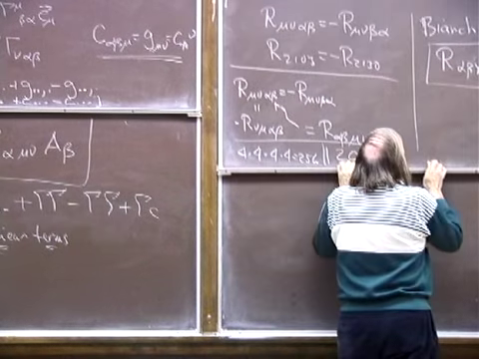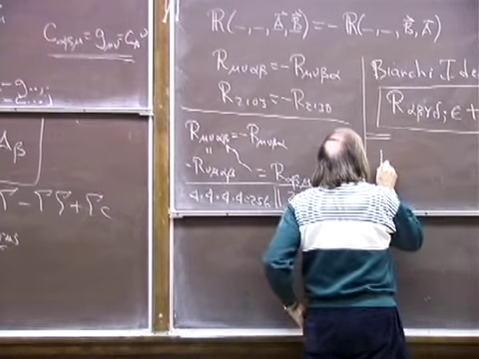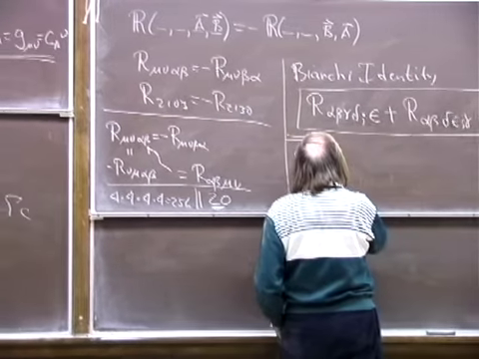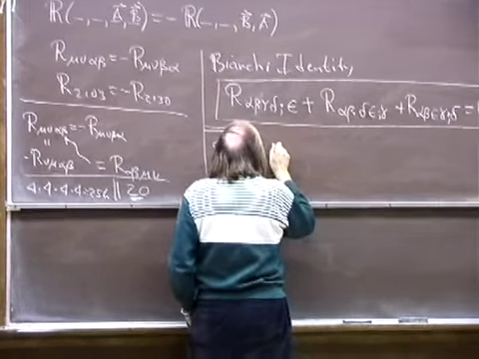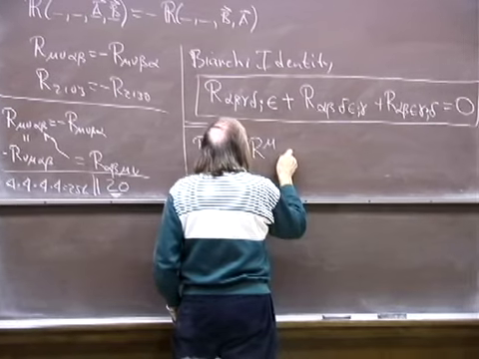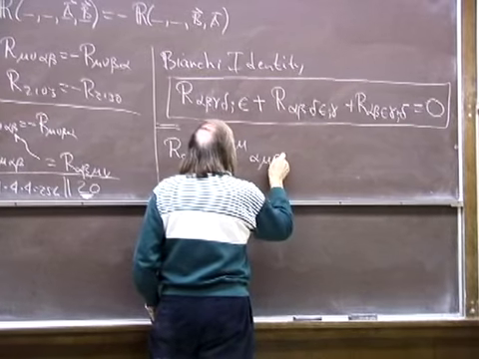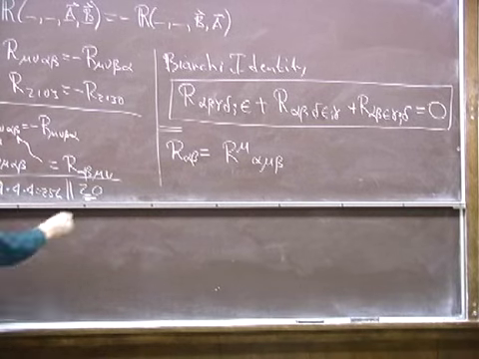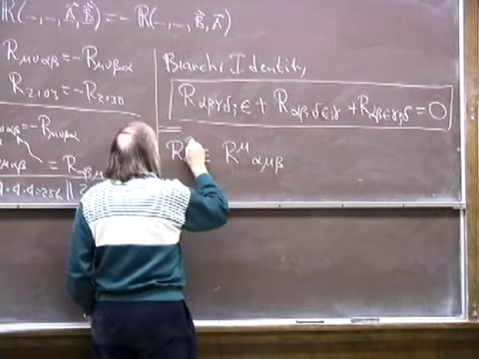I guess I also want to introduce the Ricci curvature tensor because we will need it when we talk about the Einstein field equations. R alpha beta is what you get by contracting on the first and third indices of the Riemann tensor. That's called Ricci.